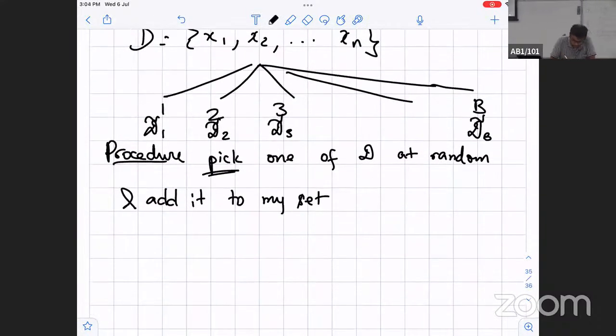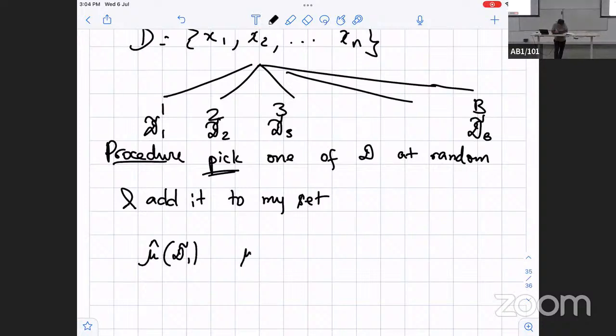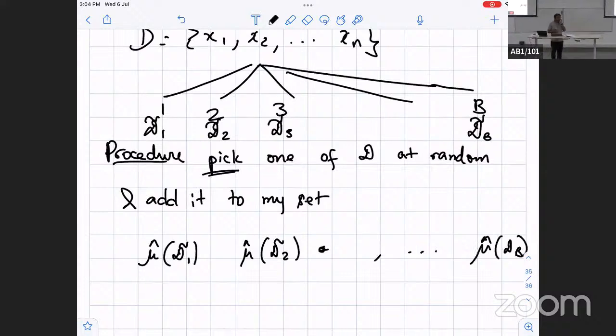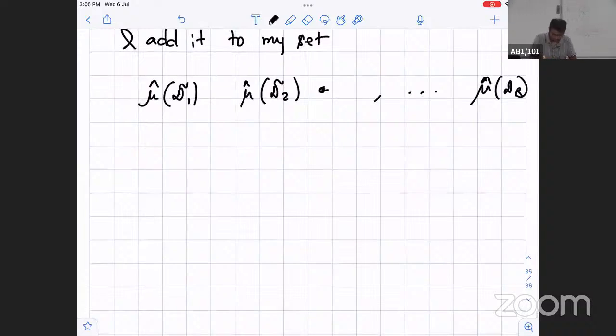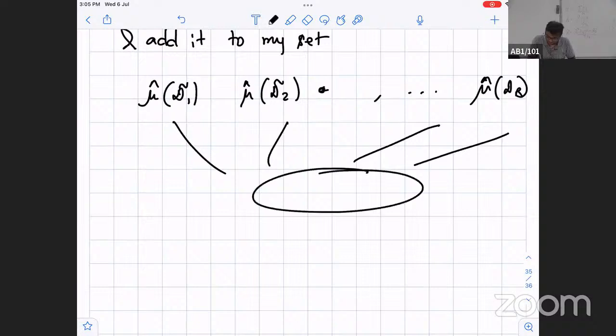Then what you will do is look at whatever estimate I want to make. I will make mu hat of D1 tilde, similarly mu hat of D2 tilde, like this, and D_B tilde. There will be different values. And now I will take the average amongst all of these.